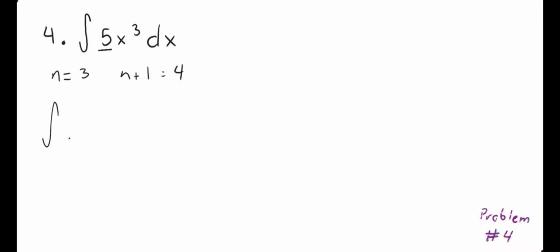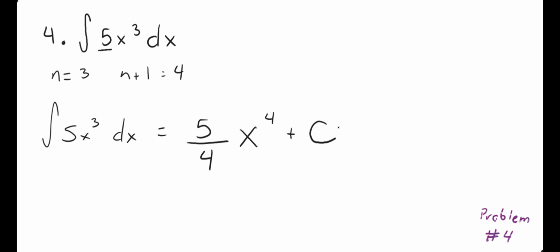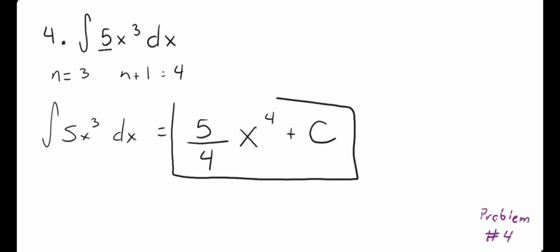So that means the integral of 3x cubed dx equals 5 over 4 x to the 4 plus c. And it's already simplified as much as we can do, so this is the correct answer.